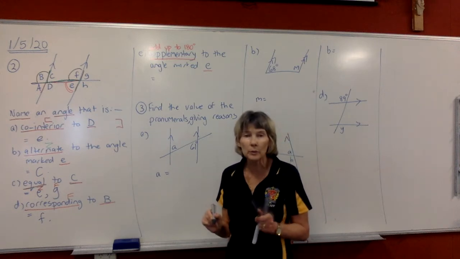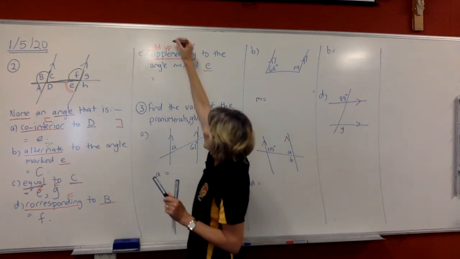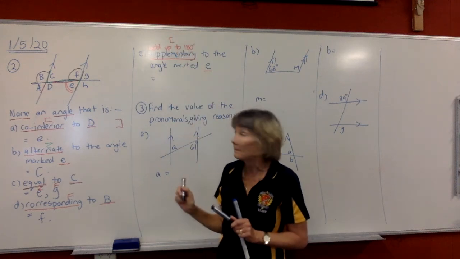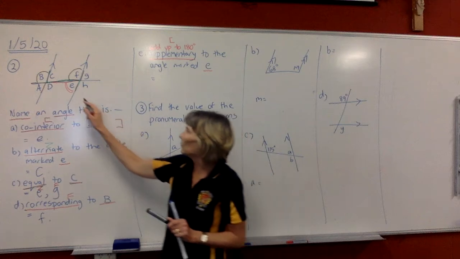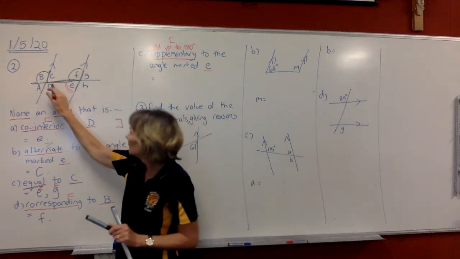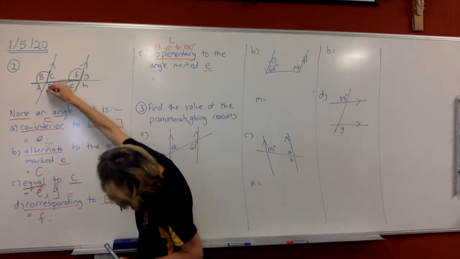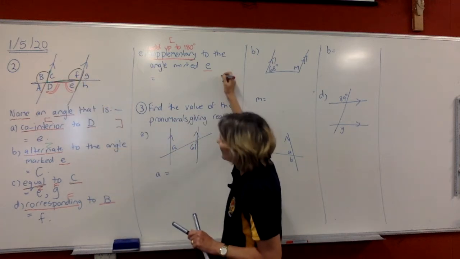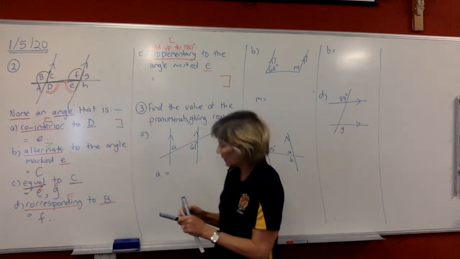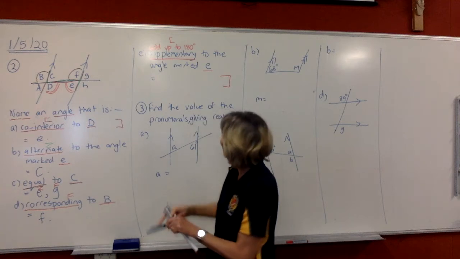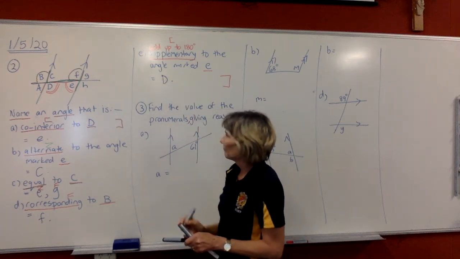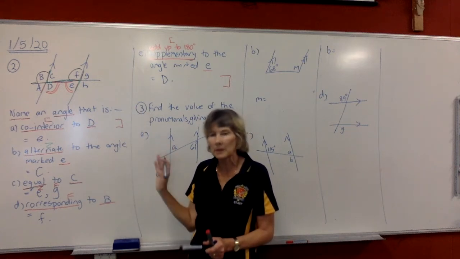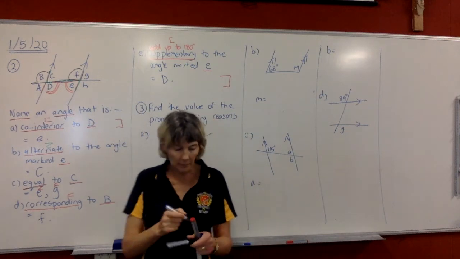Well, the only ones we know that add up to 180 degrees are the co-interior angles which form the C. So we have to find one that forms a C with that. And if you look sideways, it'll have to be that one. They'll form a C that looks like this. So it's going to be angle D. All right, so just pause the video and look through that one slowly so you understand it.